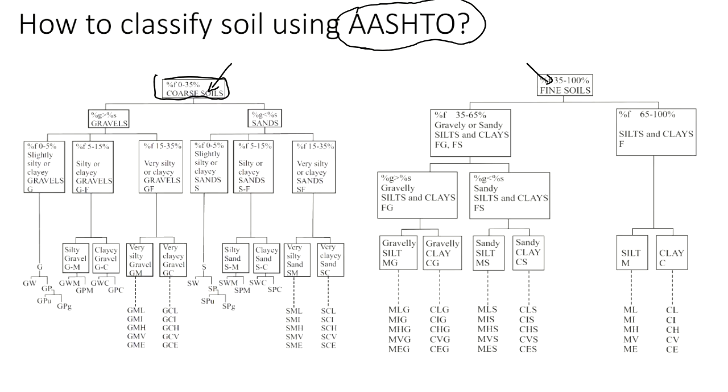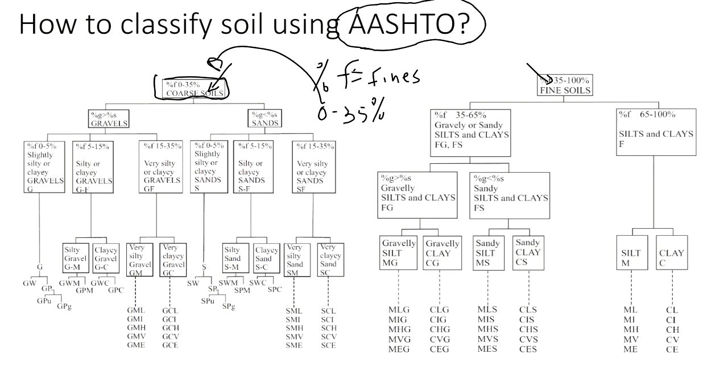How you know which one to use is you look at the percentage of fines. In this classification, F means fines, and you look at this percentage. If it's from 0 to 35% fines, it's coarse grain soil, and you use this chart.